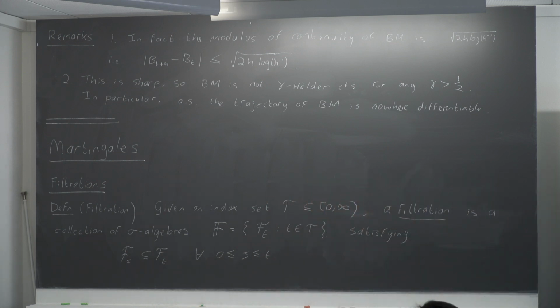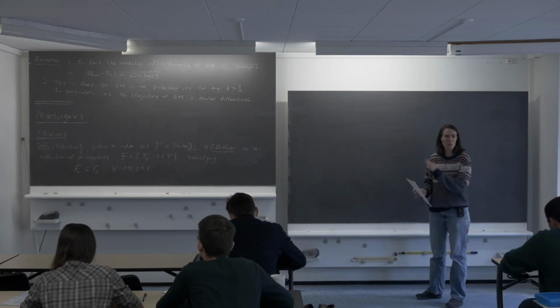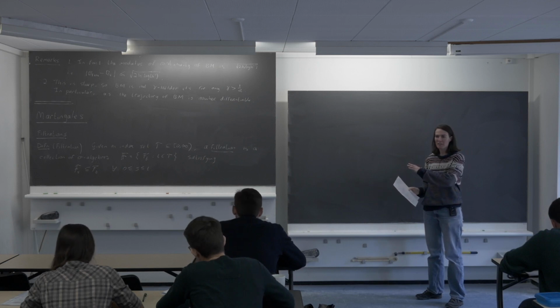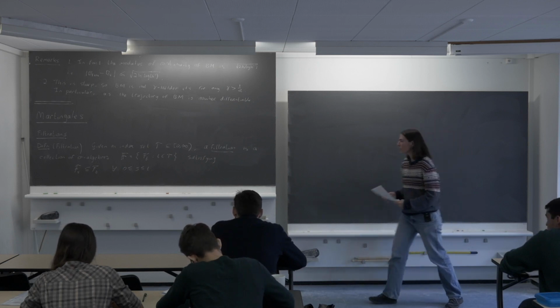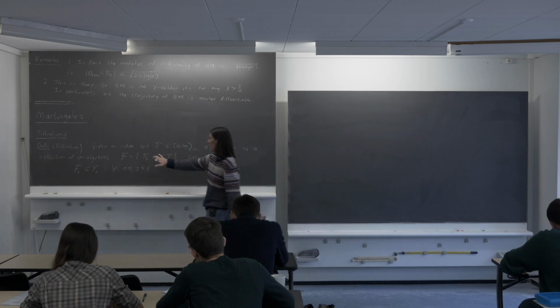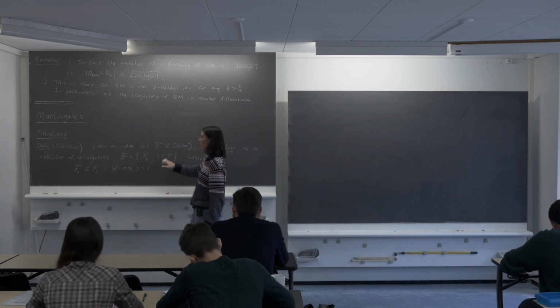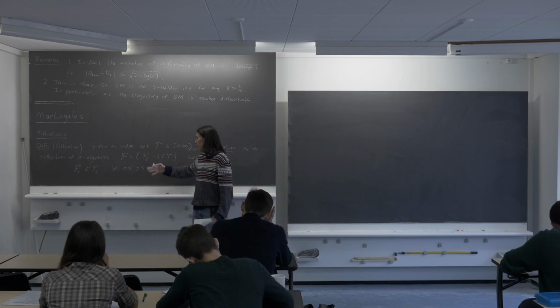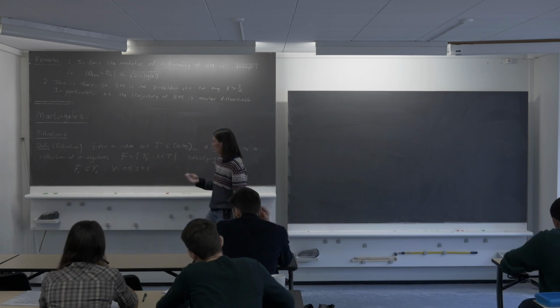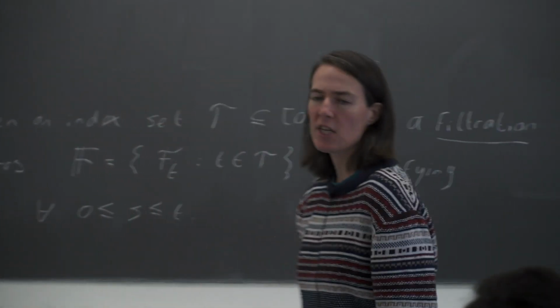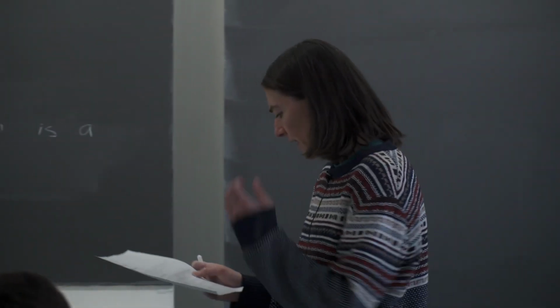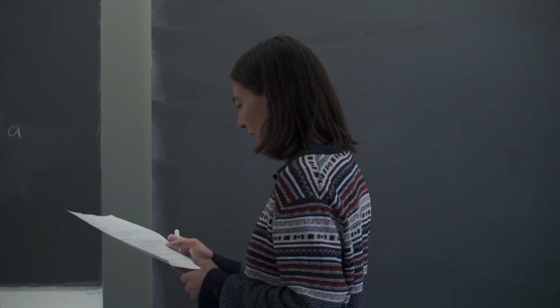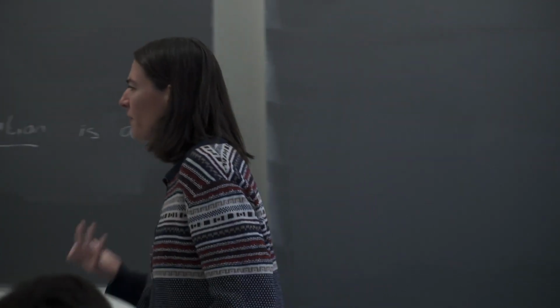Okay, so I think in the questionnaire you've said you've all done measure theory, so everyone's happy with the sigma algebra. Is that right? Okay, so it's a whole family of sigma algebras indexed by our index set. So for every time in our index set we have a different sigma algebra, but the sigma algebras are increasing in time. And you can think of a filtration as a flow of information.